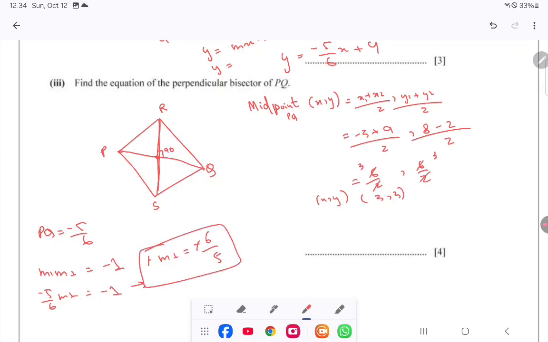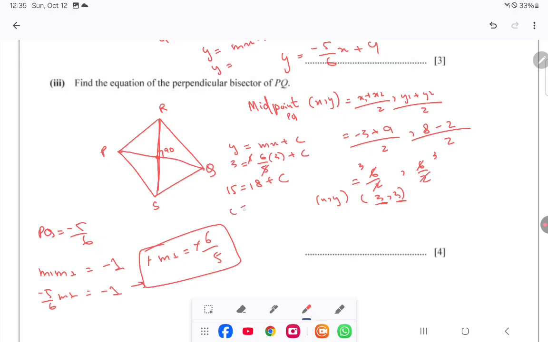Now calculate the C. For the C, y is equal to mx plus c. Y we just calculated here is 3 and x is also 3. 3 is equal to 6 over 5 times 3 plus c. Multiply both sides with 5. 15 is equal to 6 into 3, which is 18, plus c.